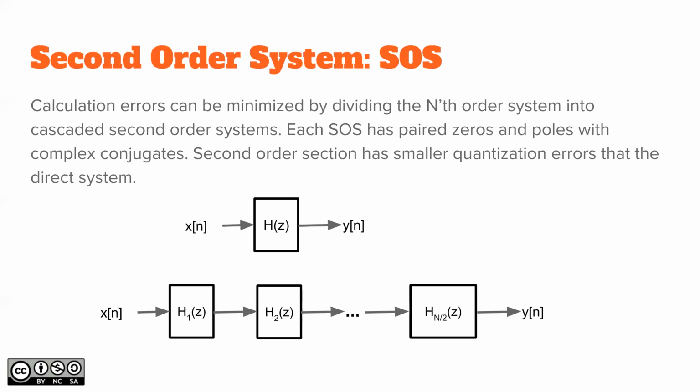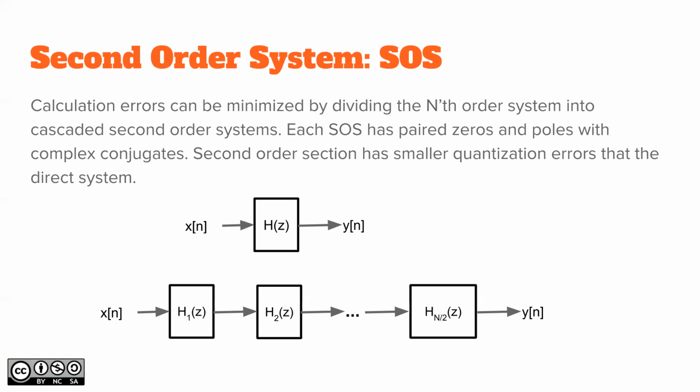On practical filters, you are actually not combining the systems so much, but breaking them up, since the calculation errors can be minimized by dividing the nth order system into cascaded second order systems.